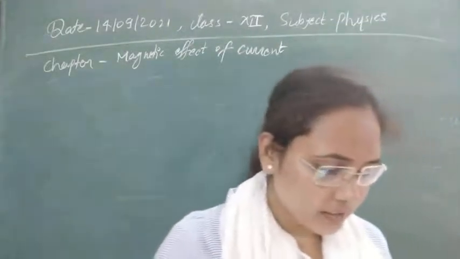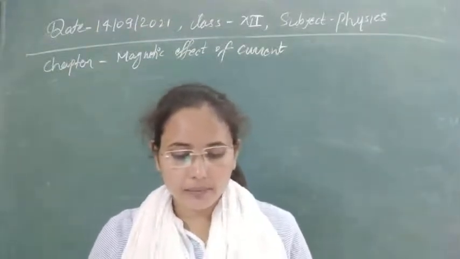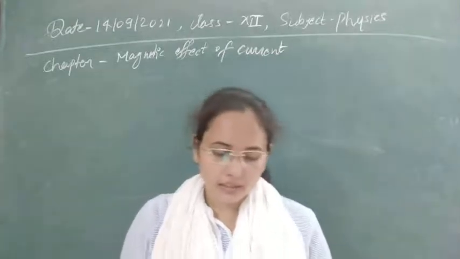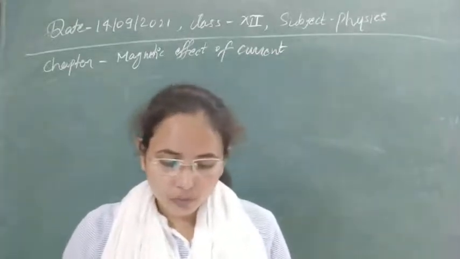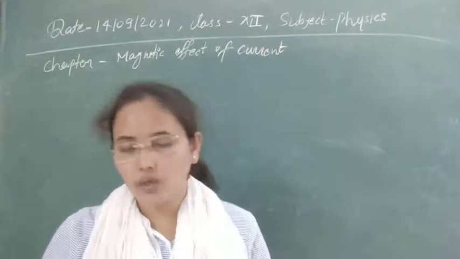Now next question is: two parallel wires in free space are 10 cm apart and each carries a current of 10 ampere in the same direction. So the force exerted by one wire on the other per meter length of the wire is.